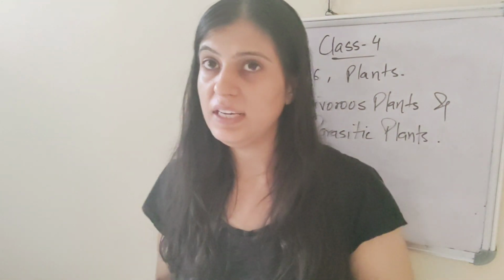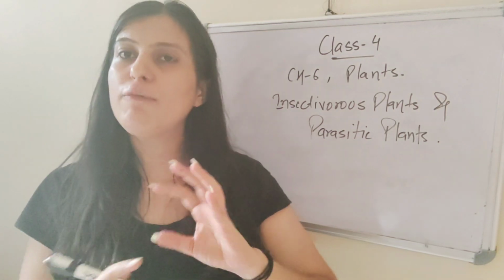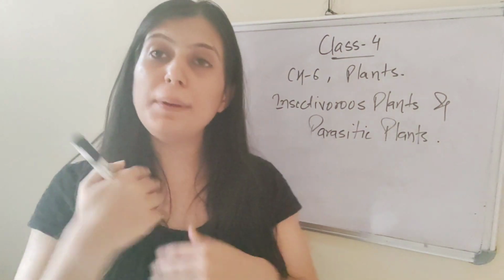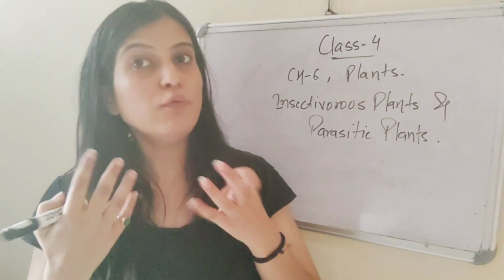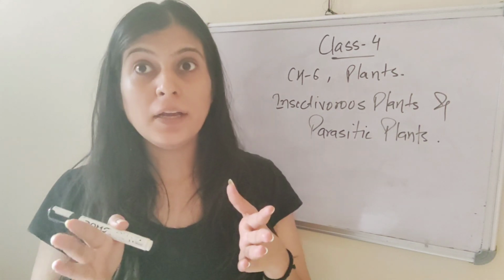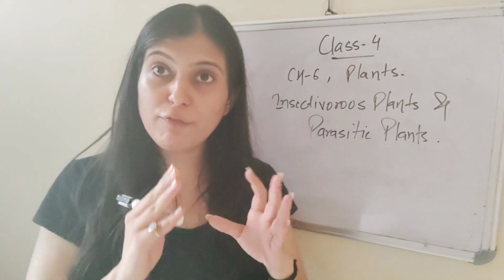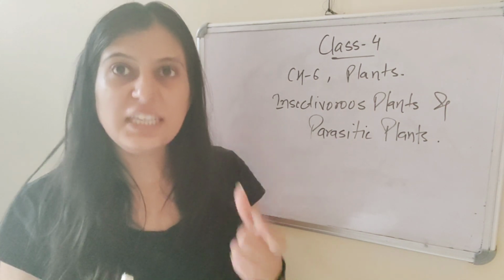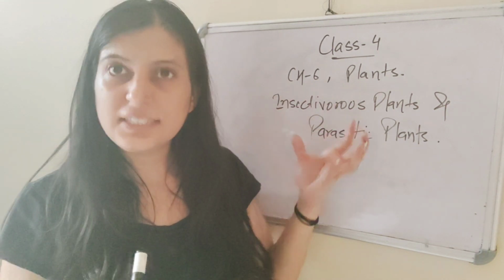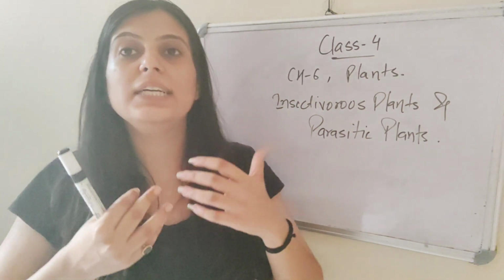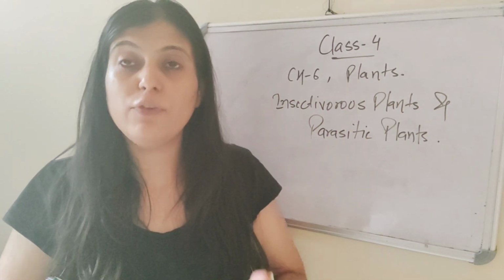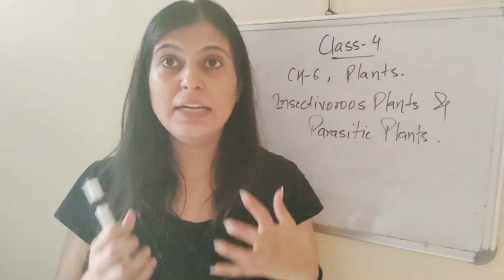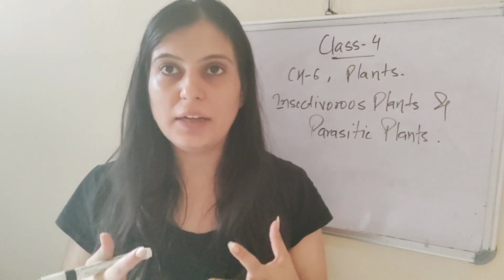What happens is basically these plants are fully capable of preparing their food. They prepare their food by the process of photosynthesis, but they do not get enough nutrients from the soil, so these plants eat insects as their food and get their nutrients from them. For example, pitcher plant and Venus flytrap plant.